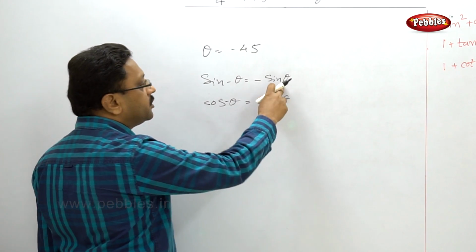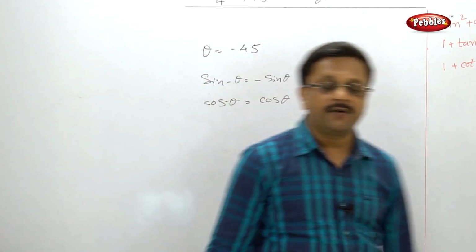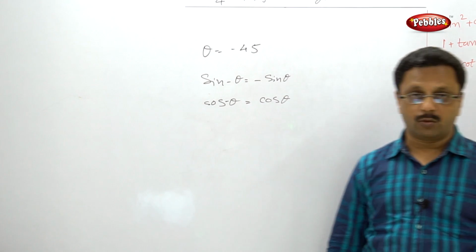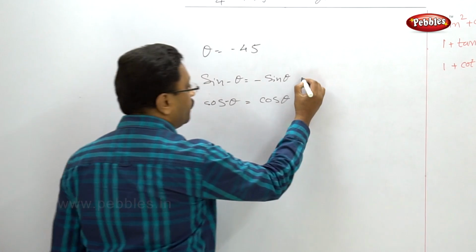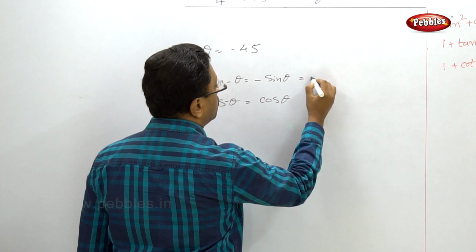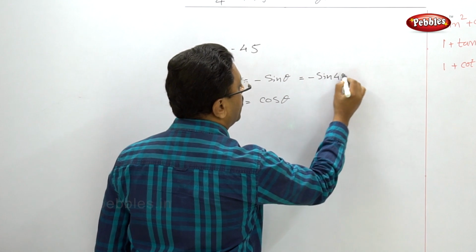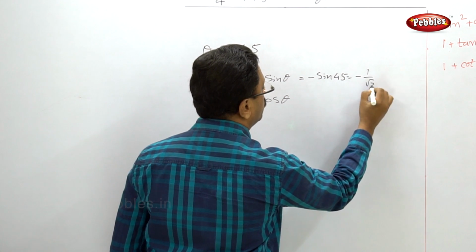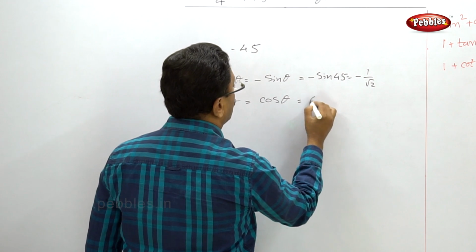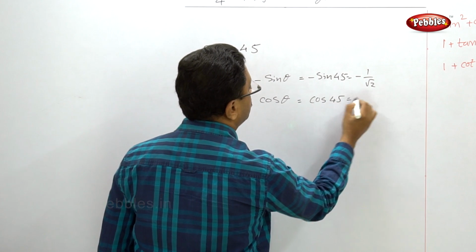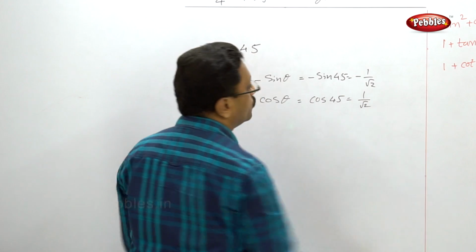So what is sin 45? Sin 45 is 1 upon root 2. So sin of -45 is equal to minus 1 upon root 2, and cos 45 is equal to 1 upon root 2.